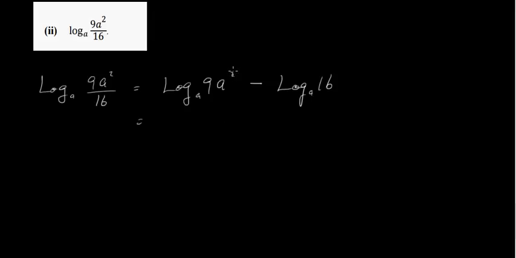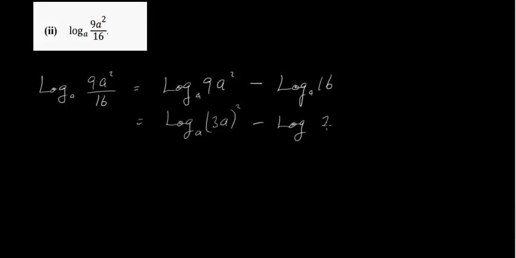Now I could take that 2 and bring it down here, but then I'd be stuck with a 9 and an a here. And the 9 I can convert to a 3, but not the a. So what I might do here is just convert that into log of 3a all squared to the base a. There's probably a couple of ways you can approach this, but this is the way I'm going to do it anyway. This here is the log of 16.